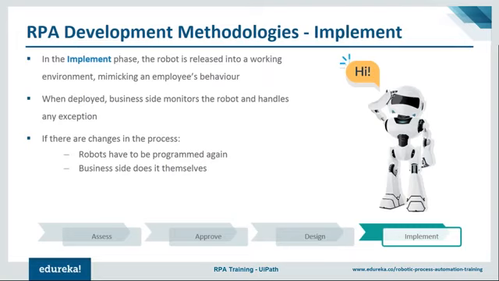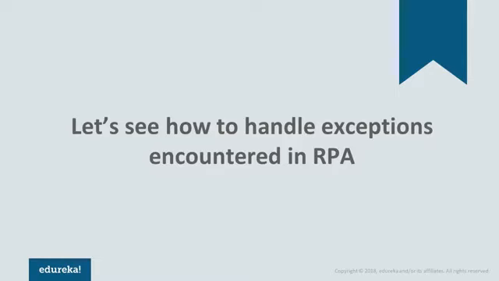During the implementation stage, you deploy your project in a live working environment and see how the robot responds to different kinds of inputs. If there are any problems or any outputs which the customer doesn't want, you will handle them. Then you end the development stage and you get a finished product. So this is how a typical RPA application will be developed in a company, or the way you will create your RPA application.